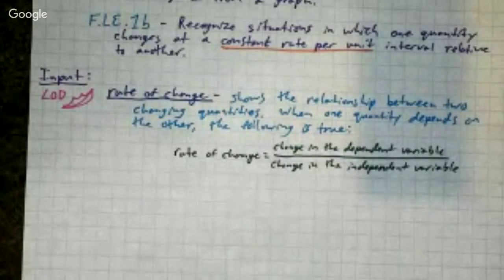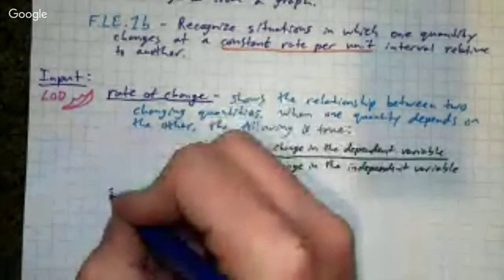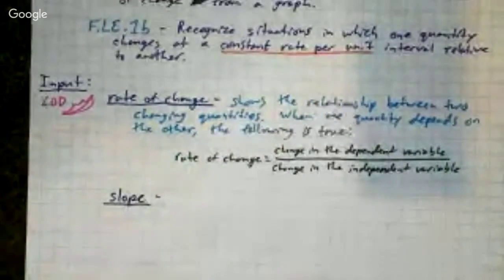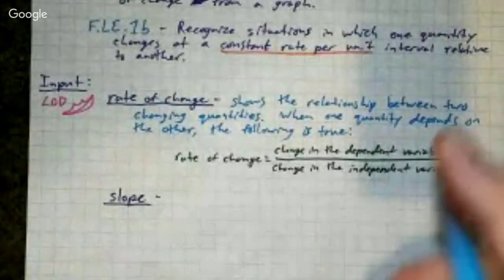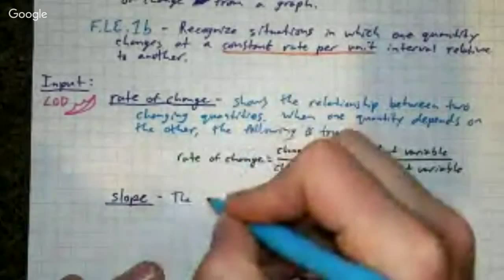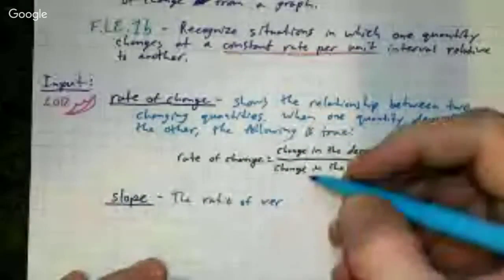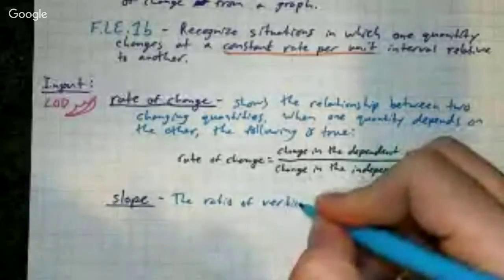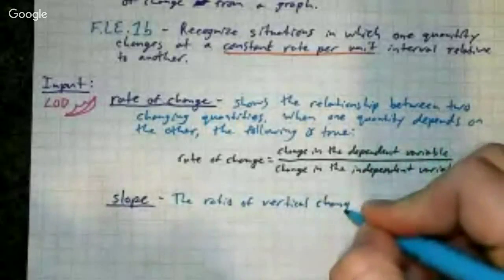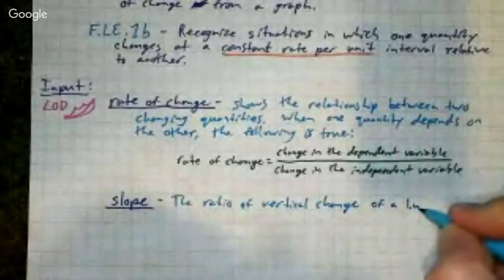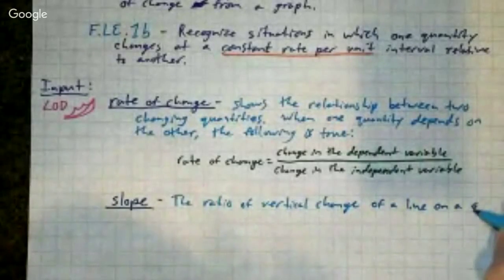Now the second term is going to be slope, when we are finding the slope. And the slope is the ratio of vertical change of a line on a graph.